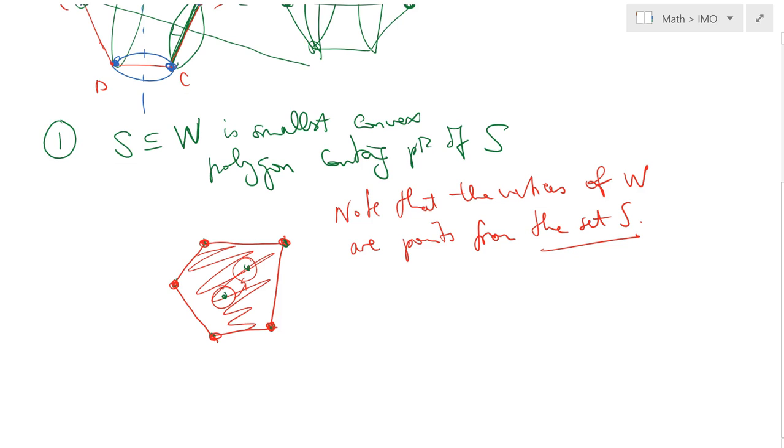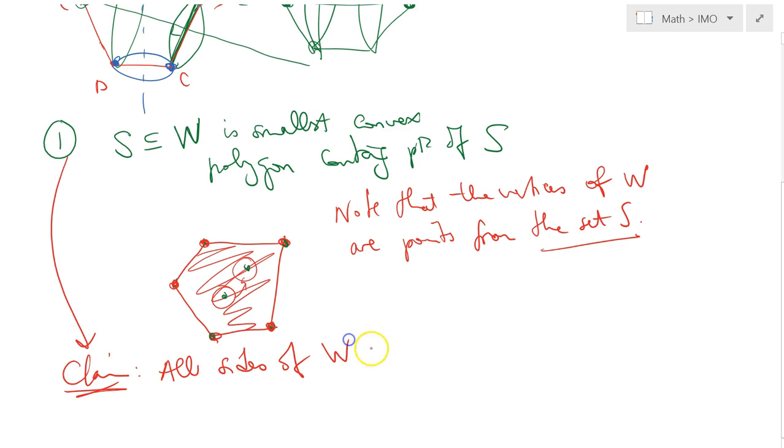So the first result that I would like to show is that I claim all sides of W have equal length. So these sides measure the same.